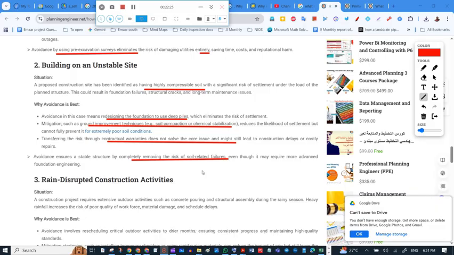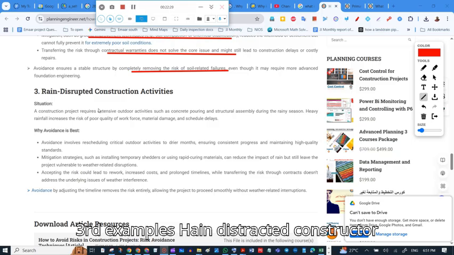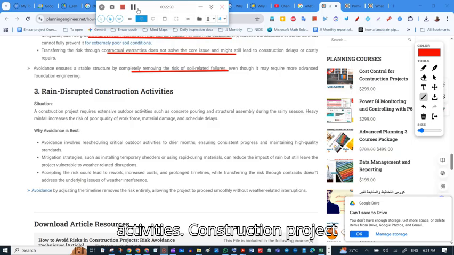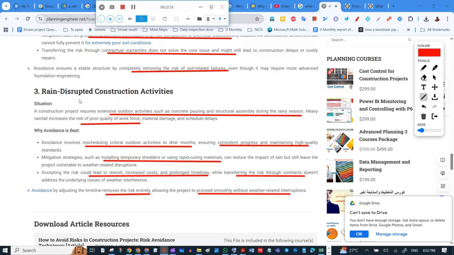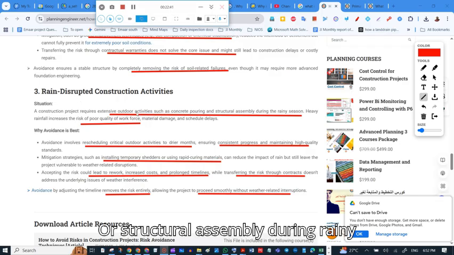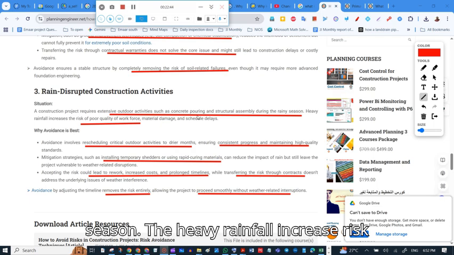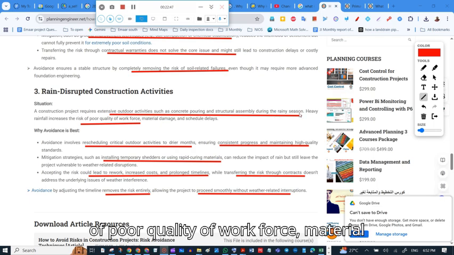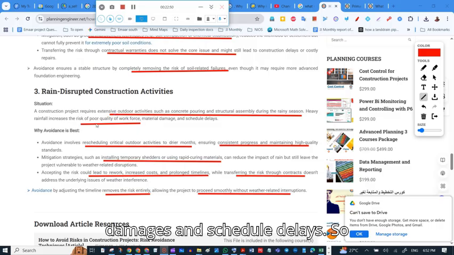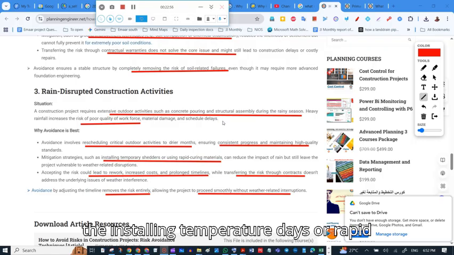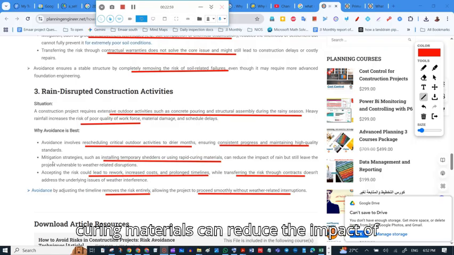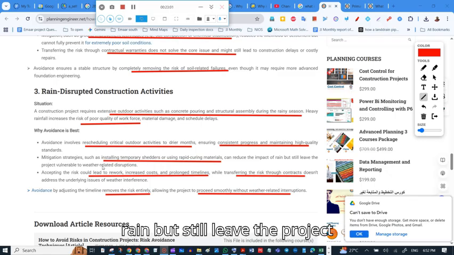The third example is rain-disrupted construction activities. A construction project may require extensive outdoor activities such as concrete pouring or structural assembly during the rainy season. Heavy rainfall increases the risk of poor quality of workmanship, material damage, and schedule delays. As per our strategies, mitigation measures like installing temporary shelters or rapid-curing materials can reduce the impact of rain, but still leave the project vulnerable to weather-related disruptions.